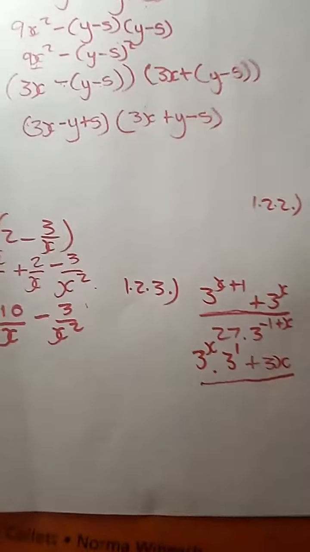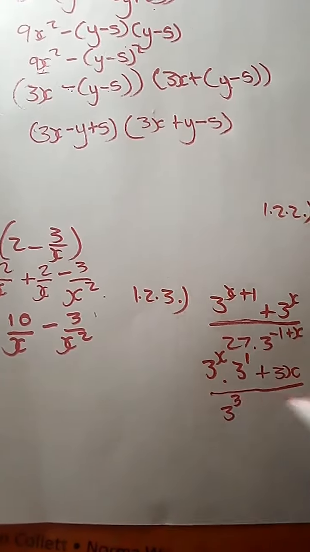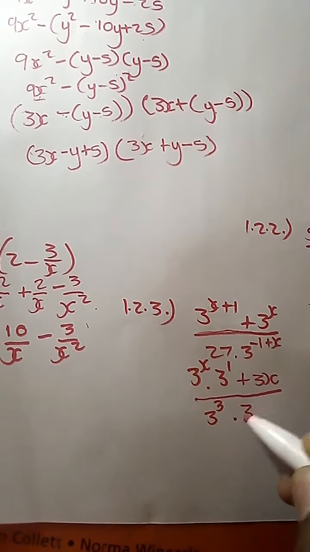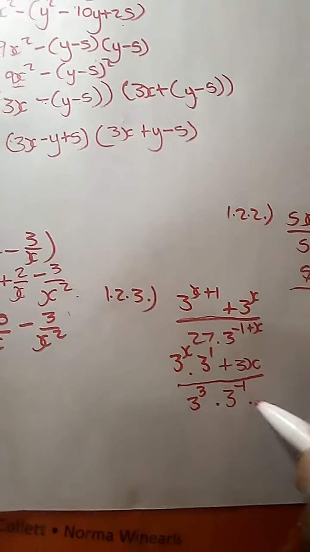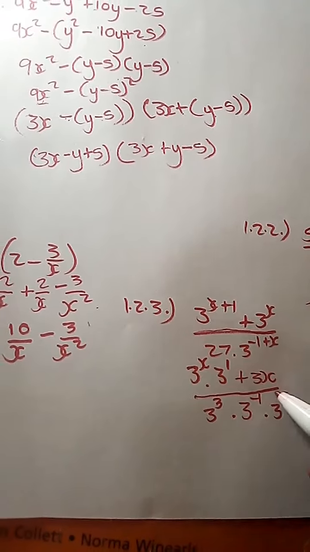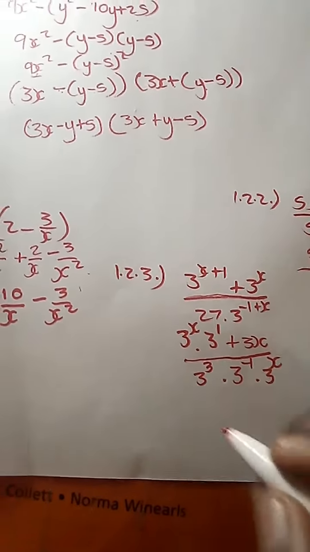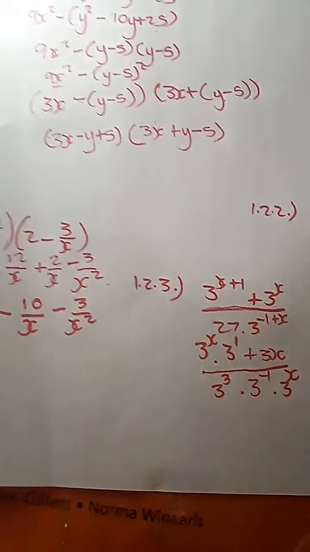Now 27, we know that is 3 cubed, multiplied by 3 to the power negative 1 multiplied by 3 to the power x. Now here we have to take out our common factor. The common factor here is 3 to the power x.